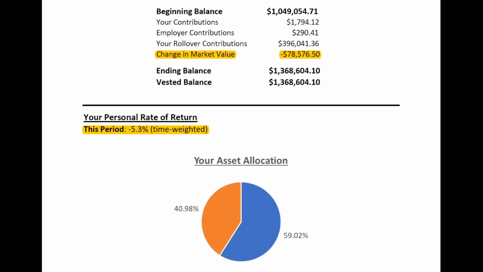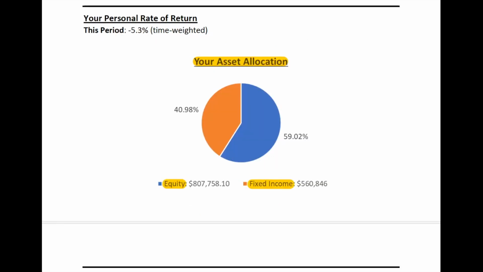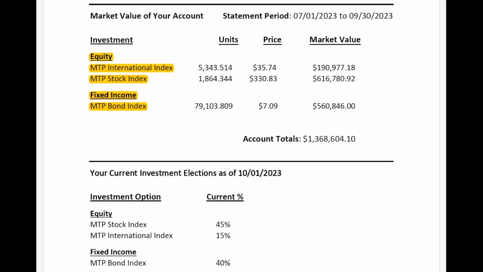Once you've given every dollar a job and a use-by date, the investment selection and ability to stick with the plan becomes much easier. Next is the current asset allocation, as of the statement end date. This pie chart shows the basic allocation between stocks and bonds, also called equity and fixed income. The allocation is shown in more detail below, including the specific mutual funds. In this case, 45% US equity, 14% non-US equity, and 41% fixed income, all within 3 index funds with thousands of holdings.